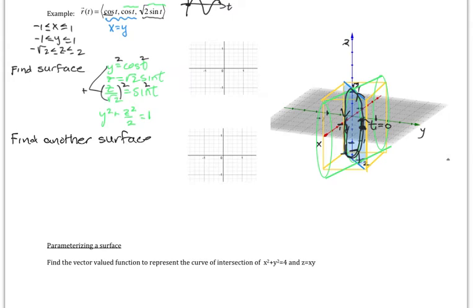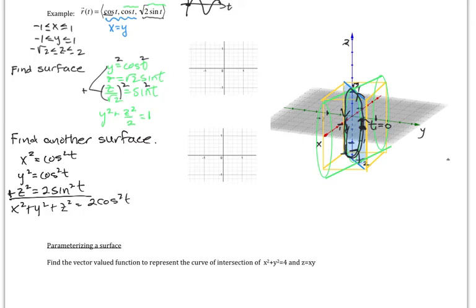If I take x squared and y squared and z squared, and add all three of those up, I'll get 2x squared plus y squared plus z squared equals 2 cosine squared t plus 2 sine squared t.